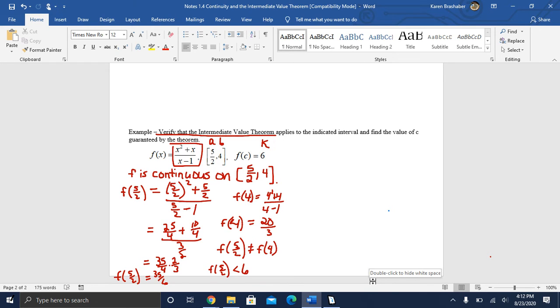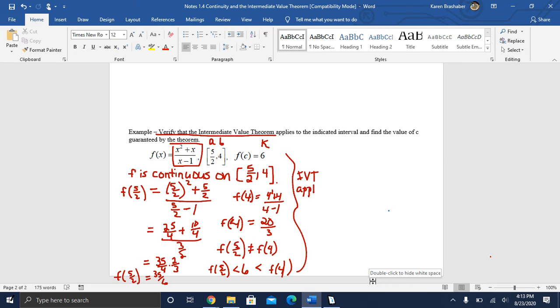So now we have to check out 20/3, and so that would be 6 and 2/3, and so 6 is less than f of 4, and all of that work is simply verifying that the intermediate value theorem, which I'm going to abbreviate by IVT, applies.